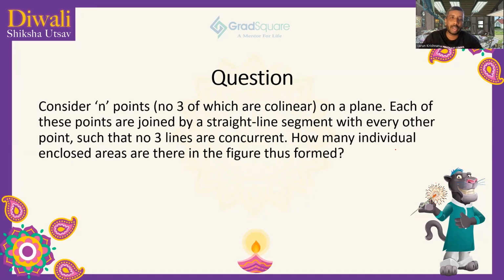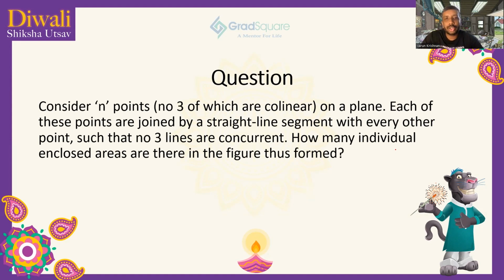Let's have a look at the question very quickly. The question says that consider n endpoints, no three of which are collinear on a plane. So no 3 points are collinear, all the points are non-collinear, which means that if I select any 2 points among these endpoints, I will get a distinct straight line, right? And then the question says that each of these points is joined by a straight line segment with every other point. So which means that if I have, say, 6 points, then every point is joined using a straight line segment to the remaining 5 points, right?